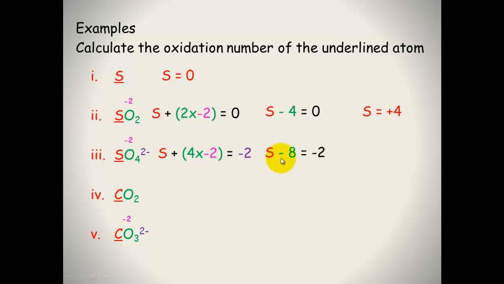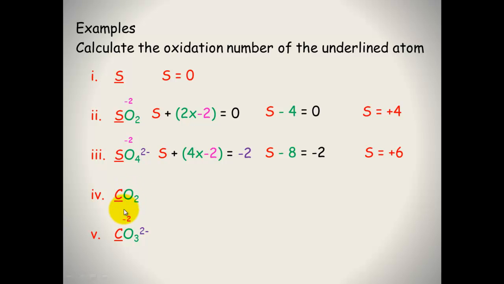So sulfur plus -8 has to equal -2, so thus sulfur must be +6. +6 -8 equals -2. Oxygen -2 times 4 is -8. Sulfur then is +6. +6 -8 equals 2-.